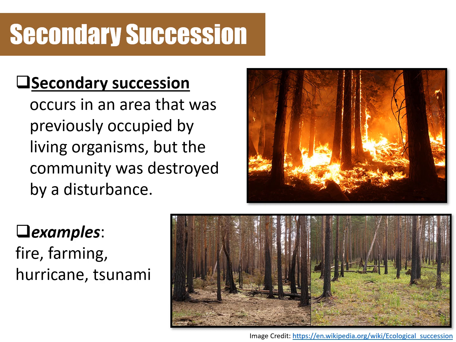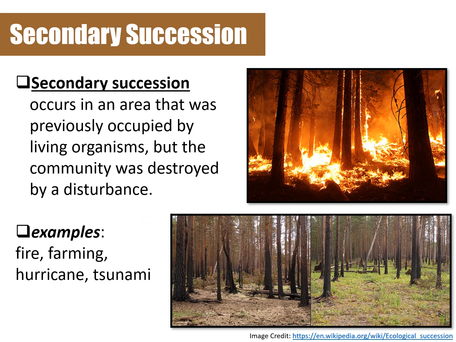And then we have secondary succession, which occurs in an area that was previously occupied by living organisms, but that community was destroyed by some sort of a disturbance. And that disturbance could be a fire, it could be farming, hurricanes, tsunamis, tornadoes, whatever it is that could destroy an ecosystem. How then do we start to rebuild life there?